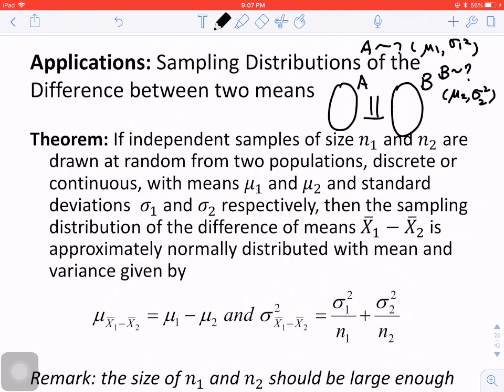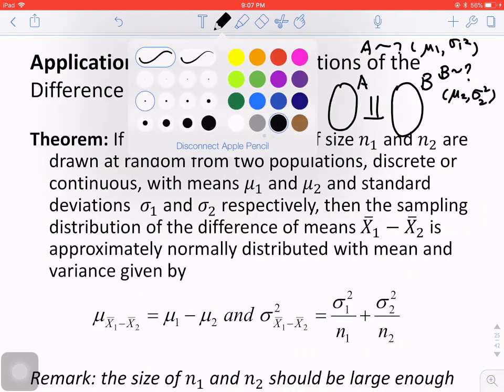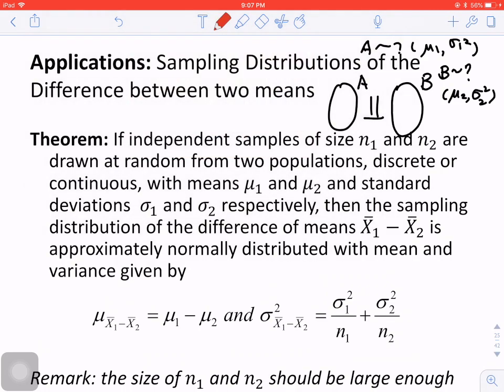Now, in order to study the difference between mu1 and mu2, we have to draw two samples. Let me change the color. This is my sample of A, and this is my sample of B. From this sample, I can have x1 bar to estimate this mu1.